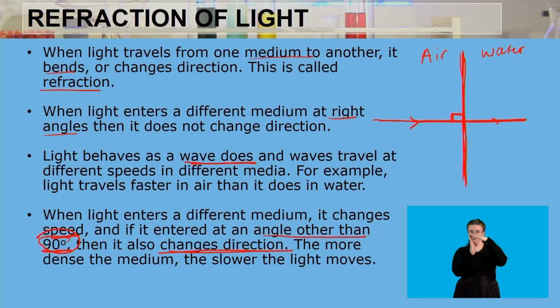So we're saying that the more dense the medium, the slower the light moves. We know that air is less dense than water. So light travels faster in air than in water because water is much more dense than air. In water, the light is going to be much slower as compared to in air.